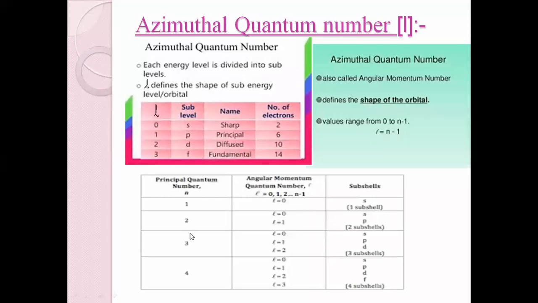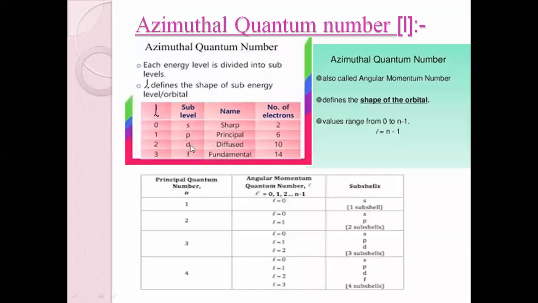ठीक है. Similarly, moving further, when the principal quantum number n is equal to 3. So 3, when I substitute in the azimuthal quantum number formula, 3 minus 1, I get 2. Coming to the pink table, 2 represents D subshell, which is diffused.